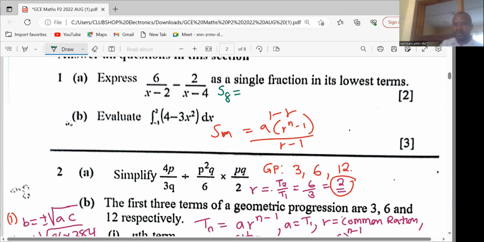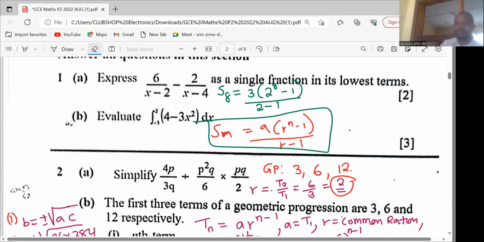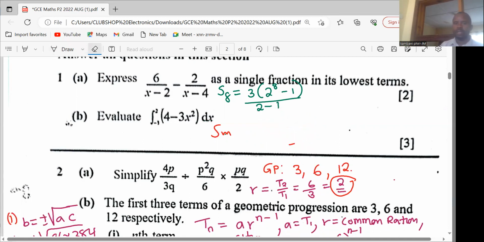So using this formula, we are going to say our first term is 3, open bracket, common ratio is 2 to the power 8, minus 1, divided by our ratio, which is what? 2 minus 1. All right. So you can see that our S8 is equal to, of course, 2 minus 1 is a 1.